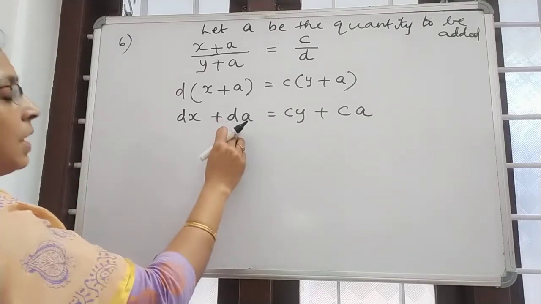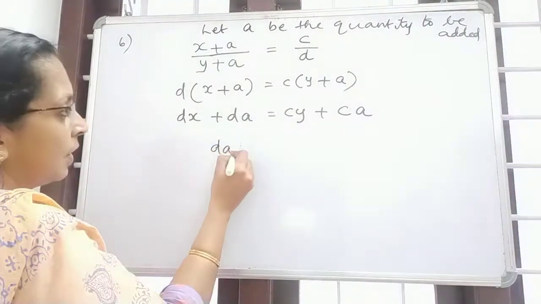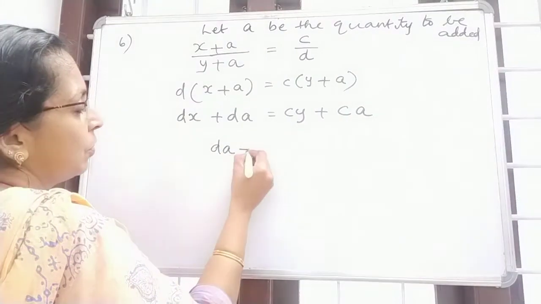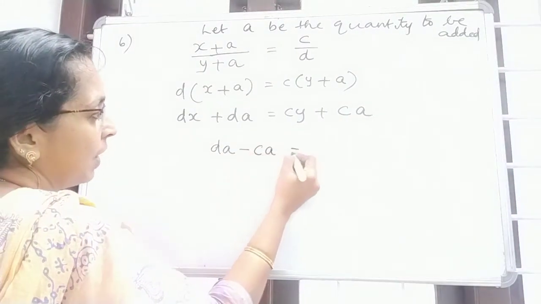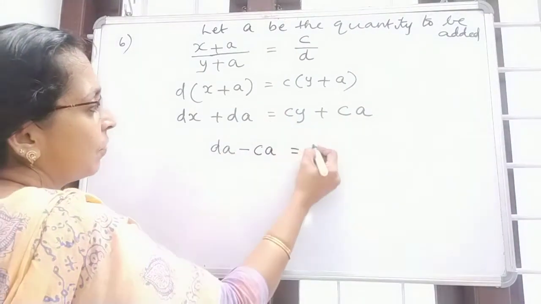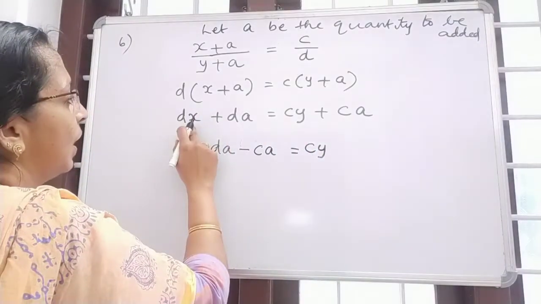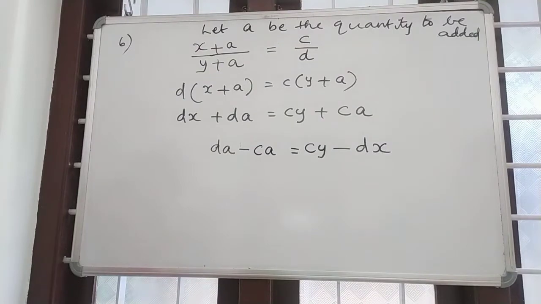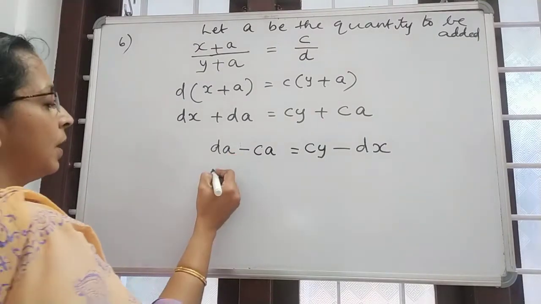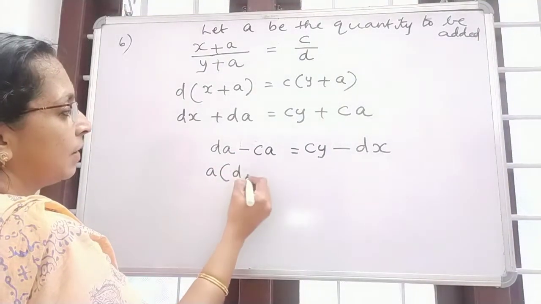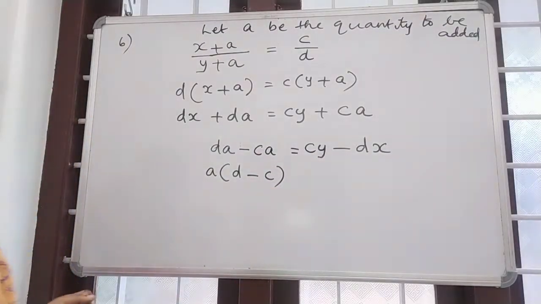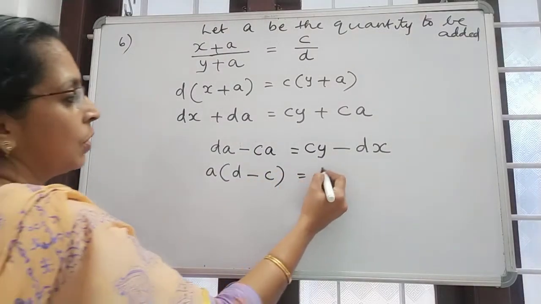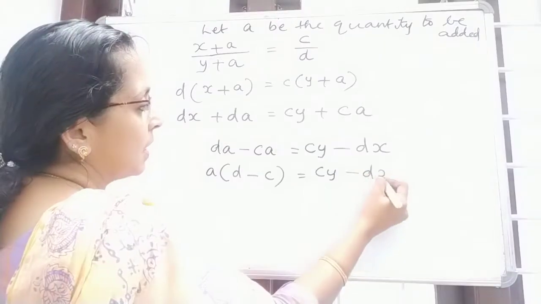So da here, this ca we want to take to the left side, then only we can take a common. Then cy is on the right side itself, and dx will become minus dx. Take a common, so a times d minus c is equal to cy minus dx.